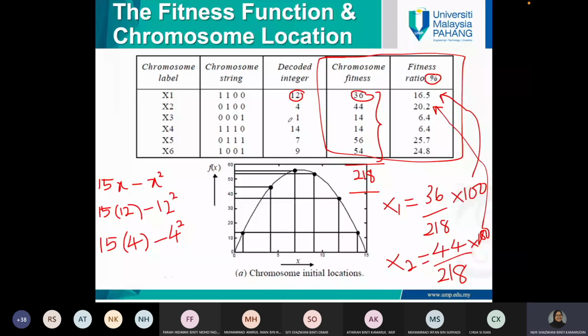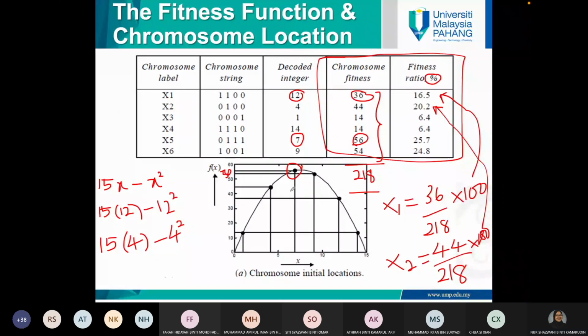We map here to get to the function. You can see the most optimum value from the graph. The highest at the peak is the optimum value. You can see the most optimum value here is when the value of x is 7, and the chromosome fitness is 56 here.